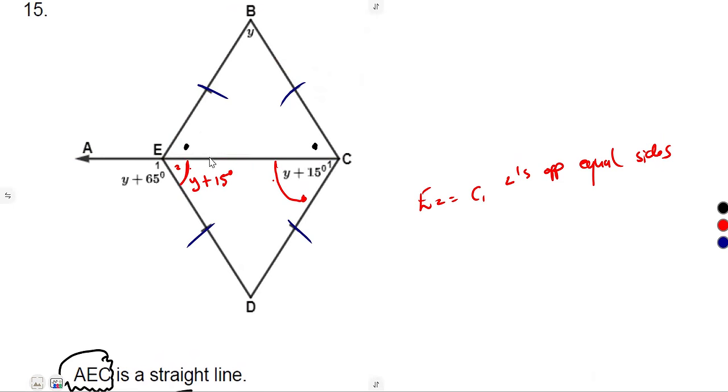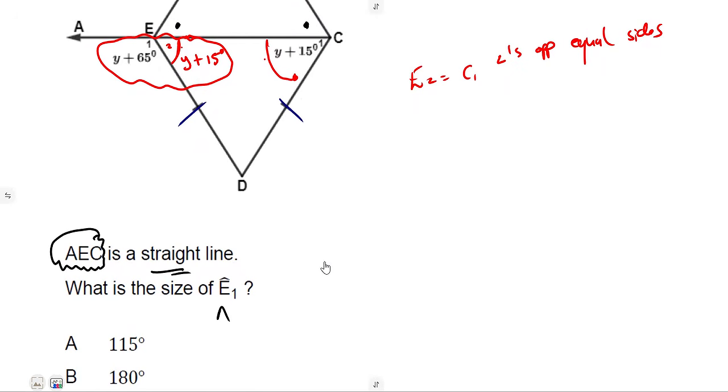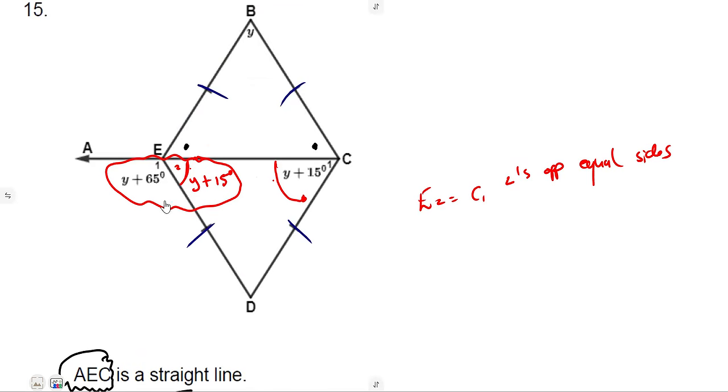So these two angles are found on a straight line. So we can form an equation there and find the value of y. Then we can determine our angle E1 because E1 consists of y. This is our angle E1, this remaining part, the outer part, which is y plus 65 degrees.